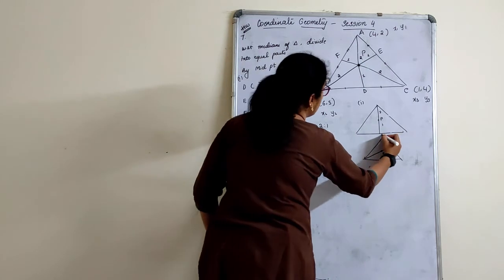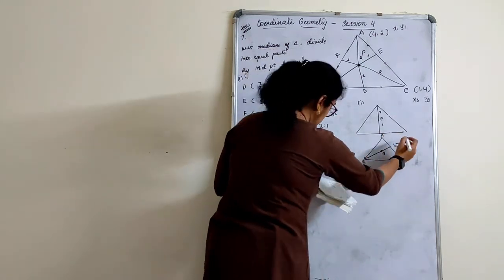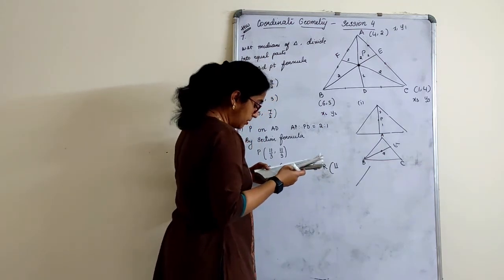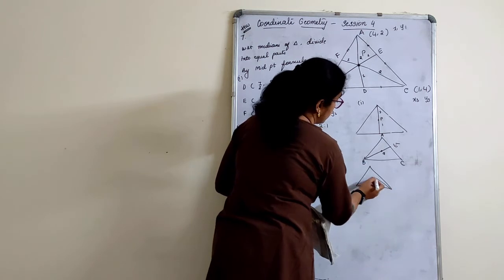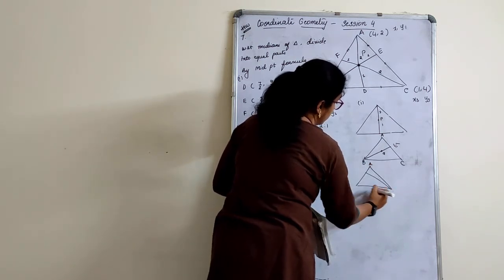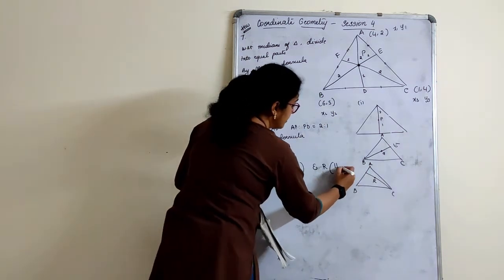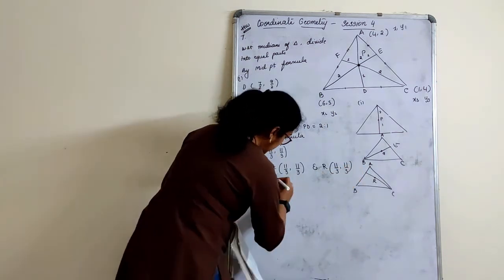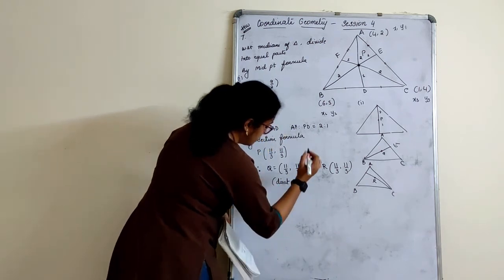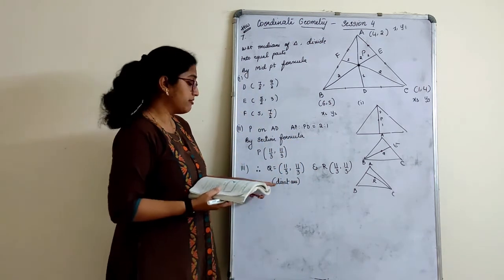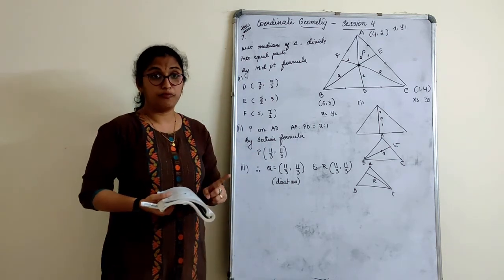On BE they have given BQ, and the next point would be R. 11/3 and 11/3. Direct answer. Remember, you have to only find out the coordinates of P here.